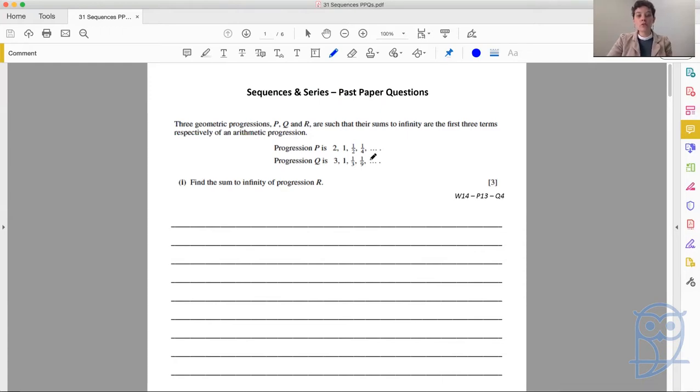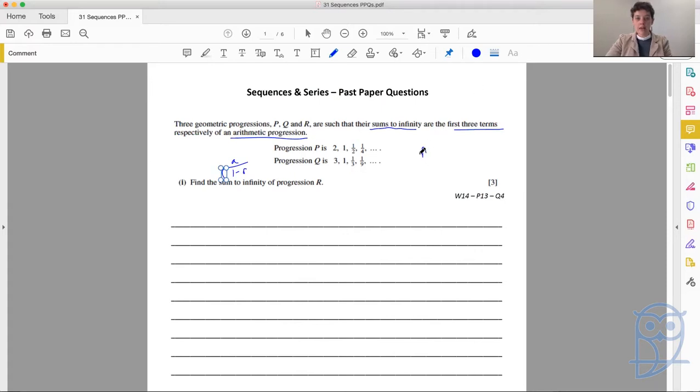So in order to do the sum to infinity of progression R, we're going to need A over 1 minus R. So we're going to need the A and we're going to need the R. How are we going to get these? Well, they told us the sums to infinity are the first three terms of an AP.